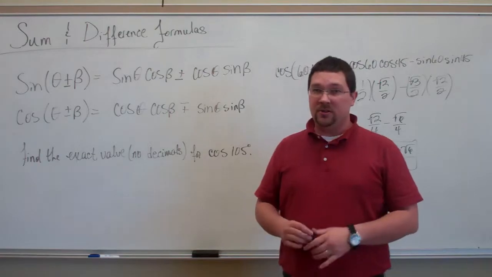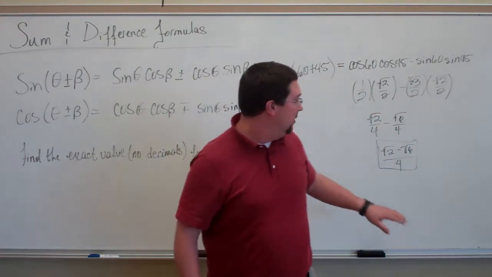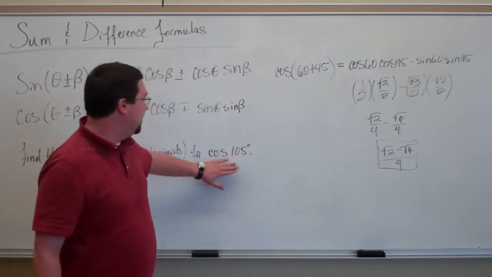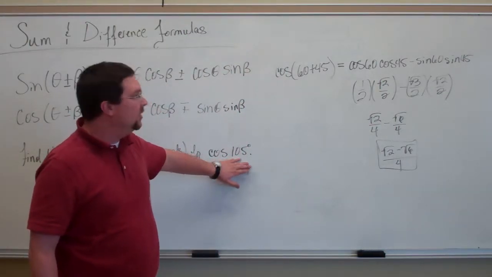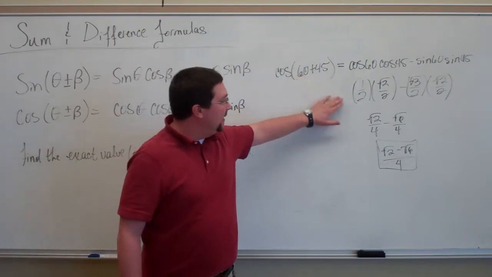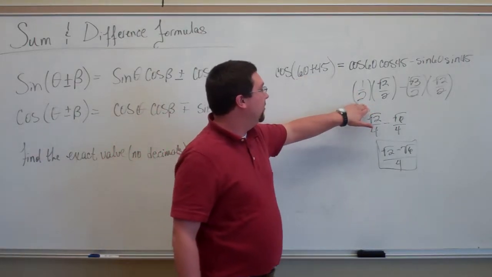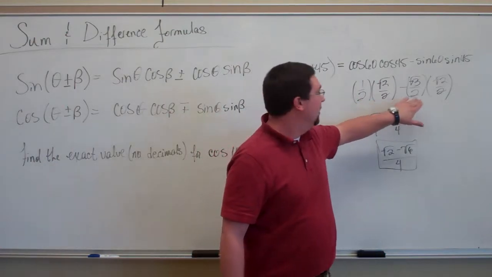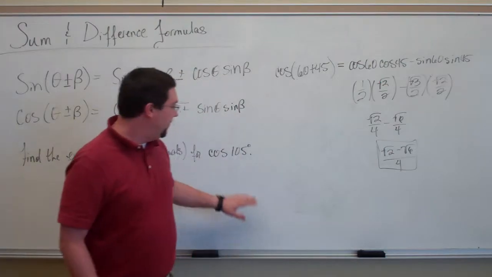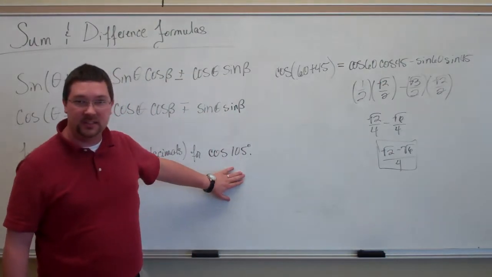If they're not on your unit circle, you can't give me an exact value like this. Okay, that's why since I wanted the cosine of 105 degrees, we had to split it up into 60 plus 45 and then solve for the cosine of those two and the sine of those two and simplify it down to get the exact value of the cosine of 105 degrees.